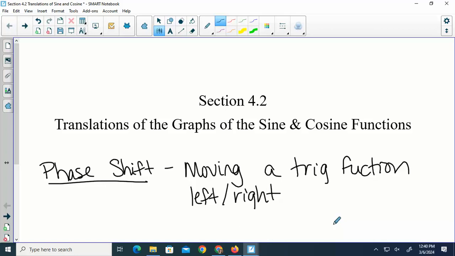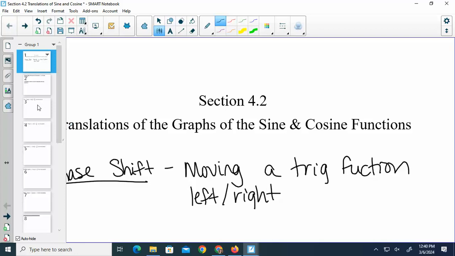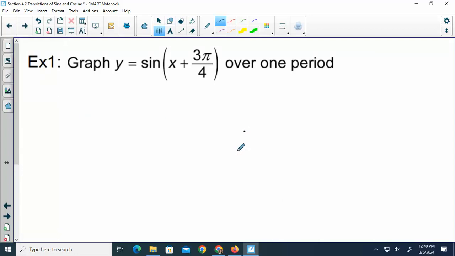When we find the phase shift, to me, it is way easier to do it without the whole transformations of parent functions, because then you just have so many points on your graph. So what I do is I'm going to add an extra piece to our list of information. We're going to set up an interval as well. So all the same things that we were doing. Amplitude.